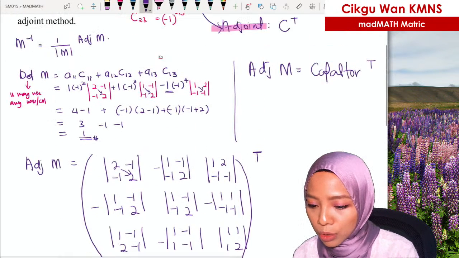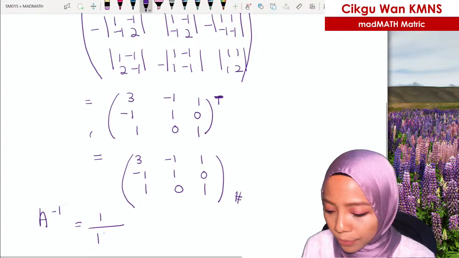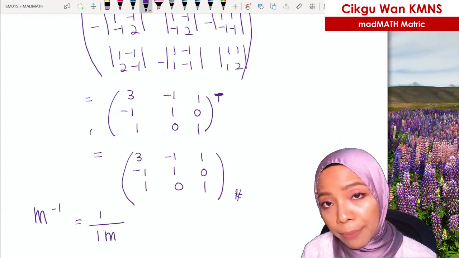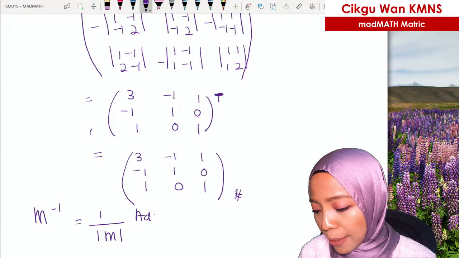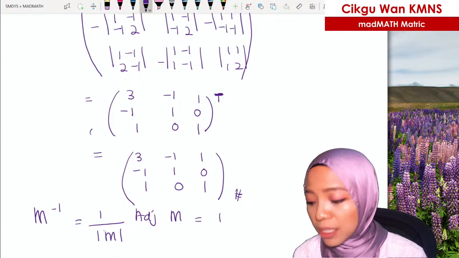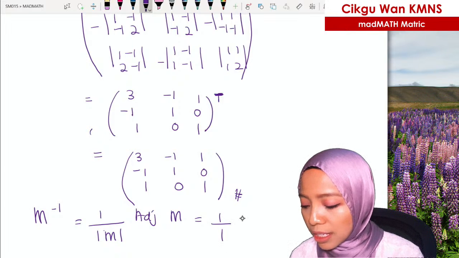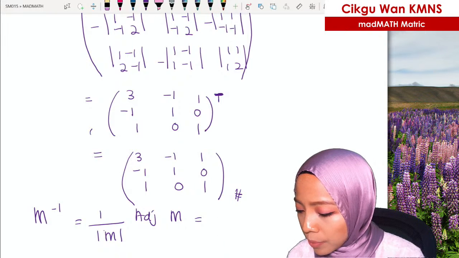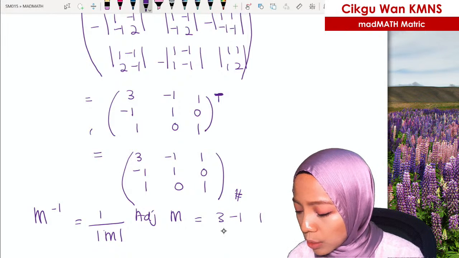Semua, sorry. M. M inverse adalah 1 over determinant M multiply with adjoint M. So, disebabkan dia satu, dia per satu kan? Dia as it is lah. Okay, kita darabkan dengan adjoint M. So, 1, 3, -1, 1, -1, 1, 0, 1, 0, 1. Inilah inverse-nya. Okay.